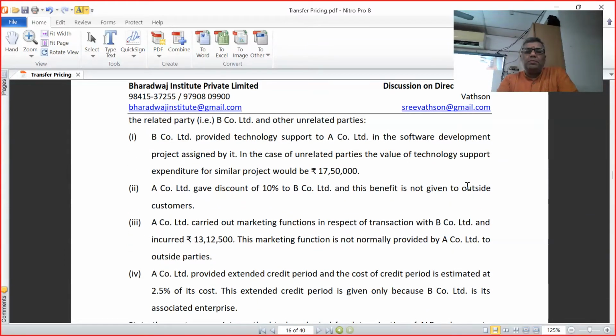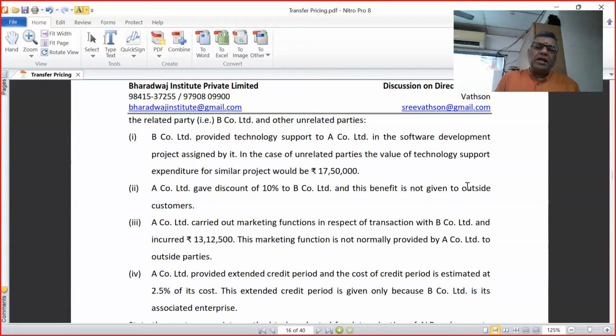B Limited provided technological support to A Limited in the software development project assigned by it. In the case of an unrelated party, the value of technological support expenditure for a similar project would have been 1750. A Company Limited gave a 10% discount and this benefit is not given to outsiders.